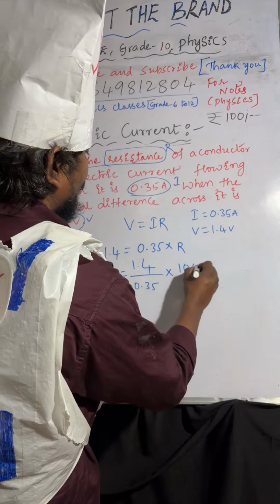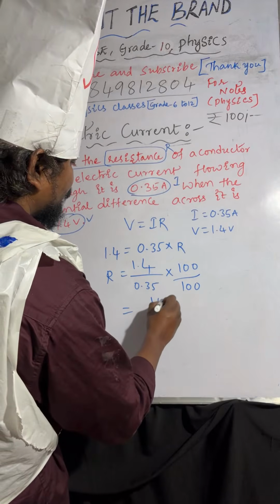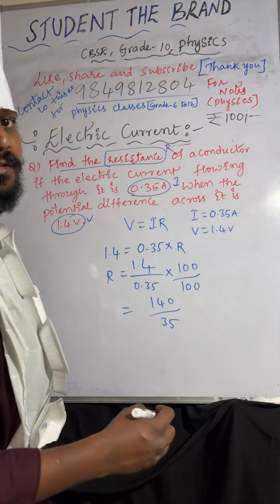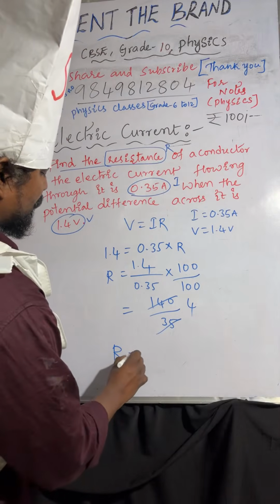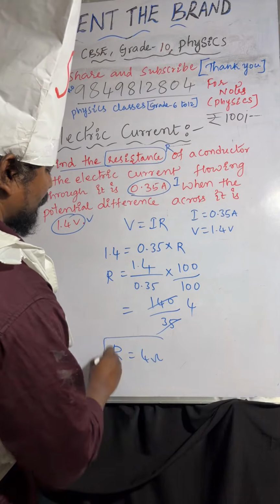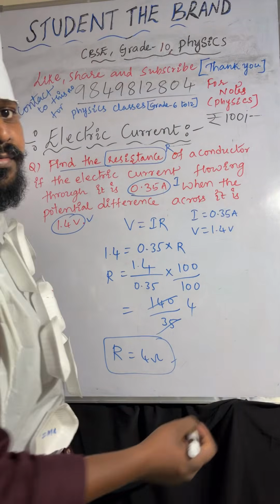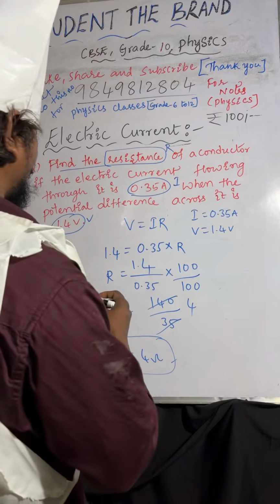So multiply and divide with 100. Then you will get 140 by 35. So how many times does it go? 4 times. R equal to 4 ohm. You have to write the units. Simply you can't write 4. So this is the answer.